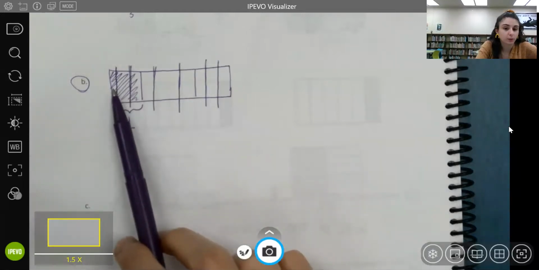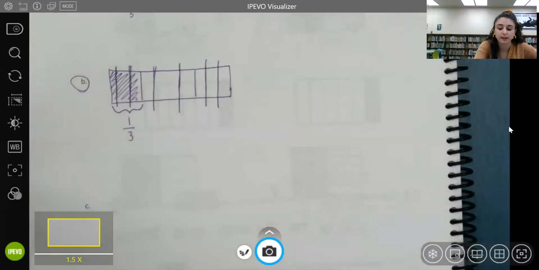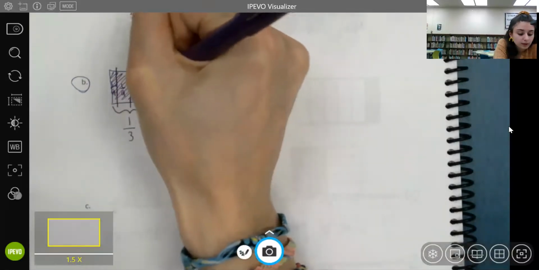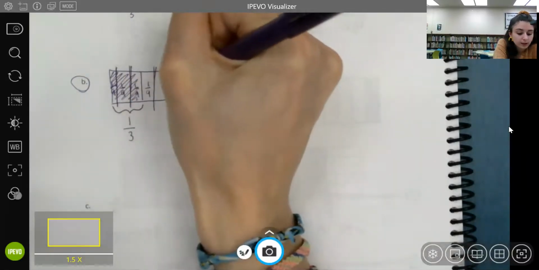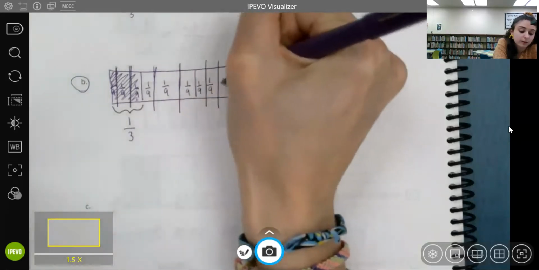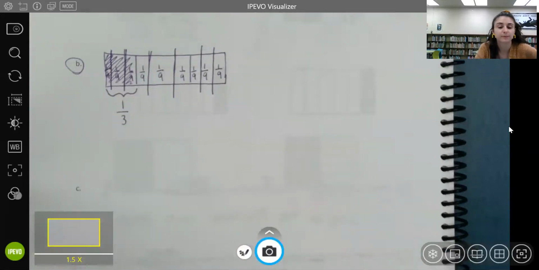So we have 1, 2, 3, 4, 5, 6, 7, 8, and 9, which is perfect because we're breaking it into ninths. So I'm going to write 1/9 in each box. That is a tongue twister saying it that many times.